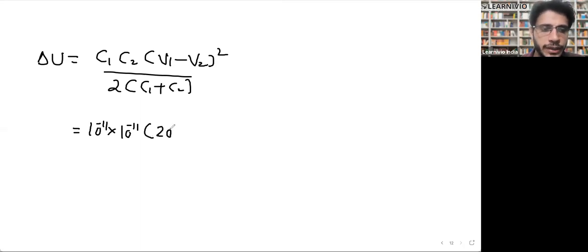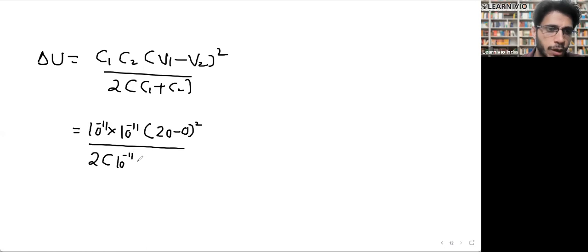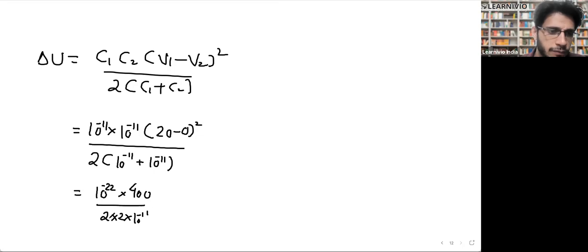V1 is 20, V2 is 0 square, divided by twice of 10 raised to the power minus 11 plus 10 raised to the power minus 11. So that is 10 raised to the power minus 22. 20 square is 400, divided by 2 into 10 raised to the power minus 11.